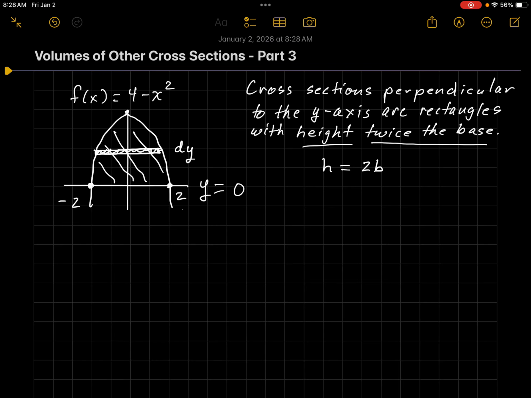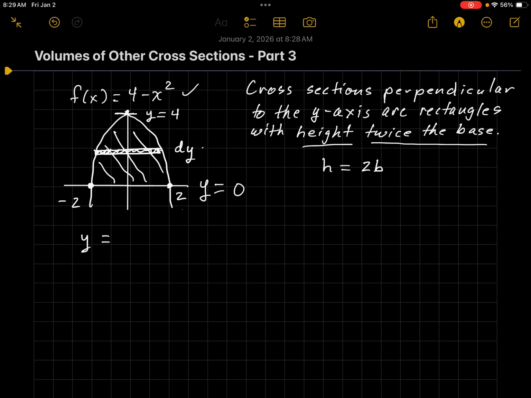Recall that if we have dy, everything should be y. So let's find this top y limit, which of course is y equals 4. Based on my function, I know that f of x is 4 or less. Let's turn our function into a function of y.